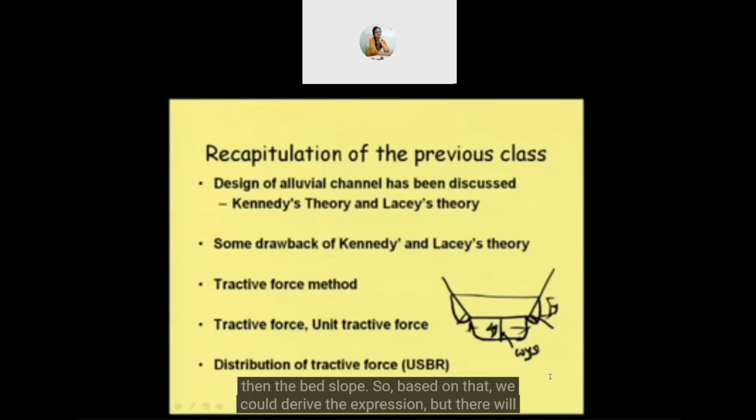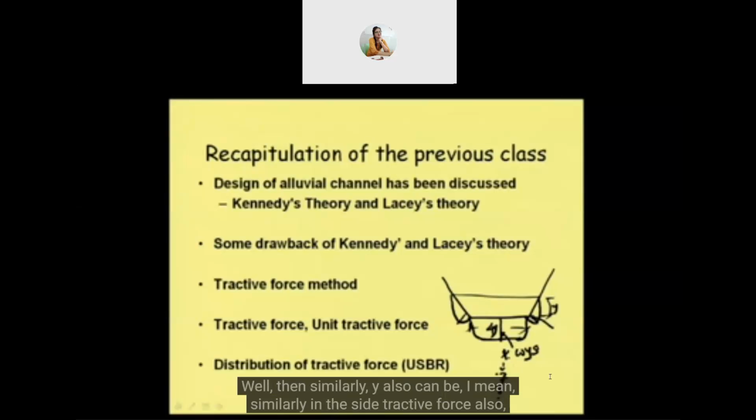Based on that we could derive the expression, but there will be a term, say 0.77, meaning it is not exactly equal to wyS, but a percentage of wyS. The maximum can be wyS, which I will show in the next slide. This can be 0.77, 0.8, something like that, so we can write it as x times wyS, where x can be 0.7, 0.8, 0.6, anything, and that way it can have different values.